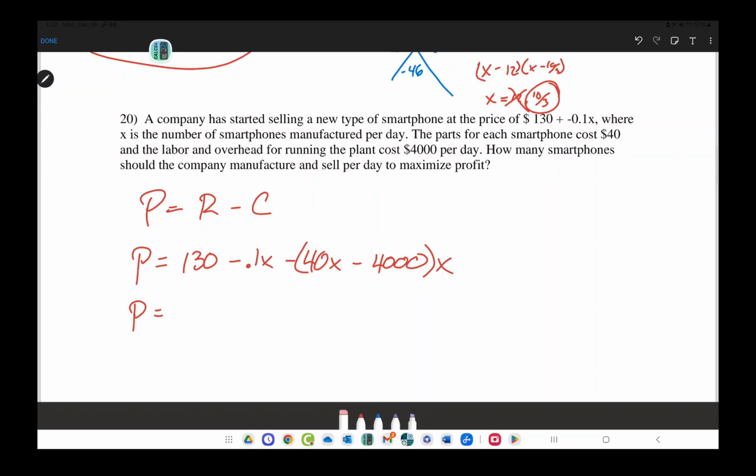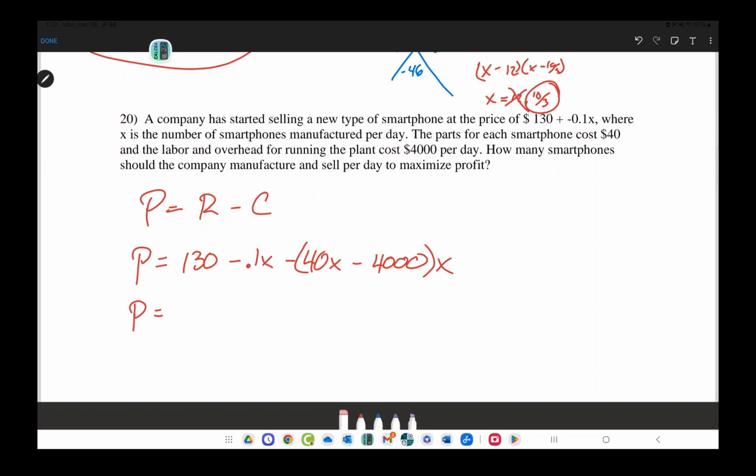Let's see here. Something multiplied by x, because again, x is the number of smartphones manufactured per day, and the parts for each smartphone cost $40, and labor and overhead for running the plant per day is 4,000. It's not 4,000x. x is the number of smartphones. Oh, that's right, 4,000 per day.